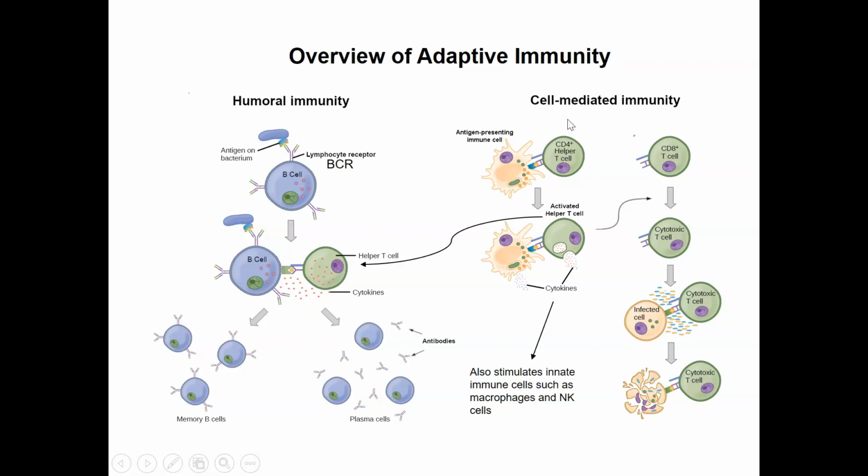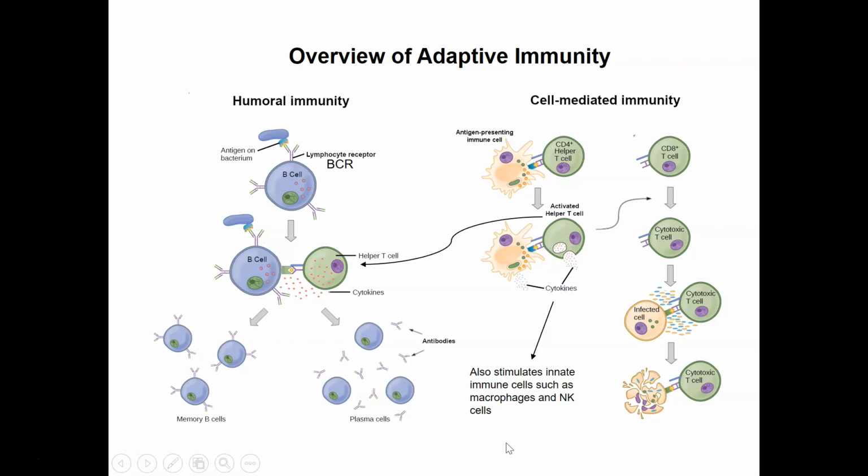Okay, the cell-mediated immunity is through the helper T cells and the cytotoxic T cells. Helper T cells get activated by an antigen-presenting cell. And when they're activated, they produce cytokines. And the cytokines are going to help the activation and proliferation of B cells. And they're going to help activation of cytotoxic T cells.